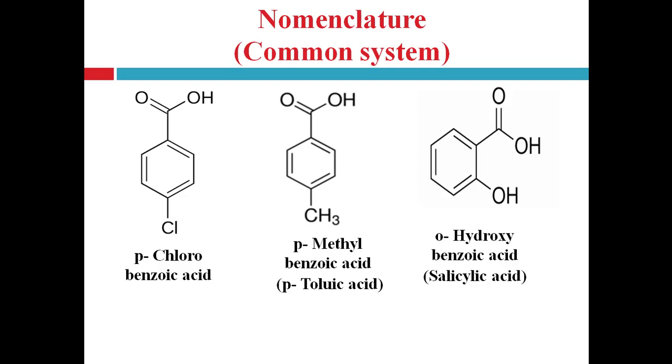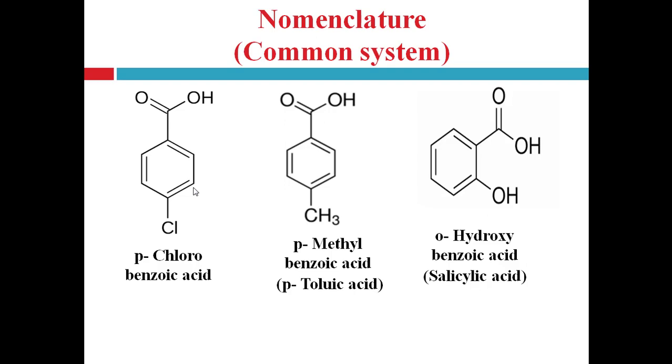So here some examples are given. The first one is a ring having a COOH group and one chlorine atom. Now here again, when giving the name, consider one basic structure and the others as substituents.